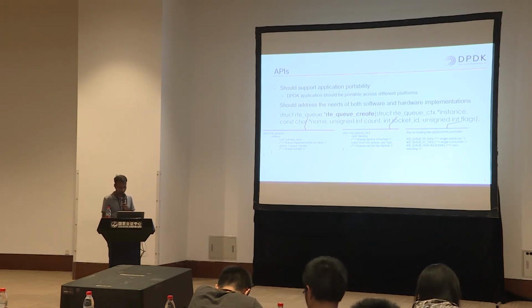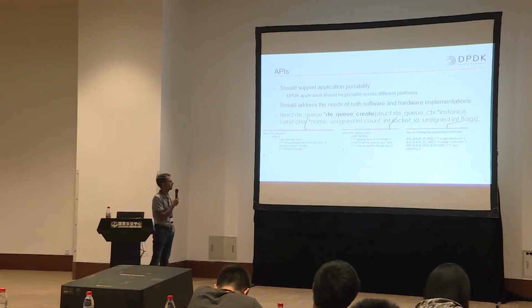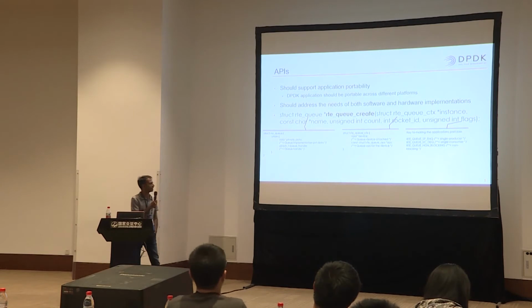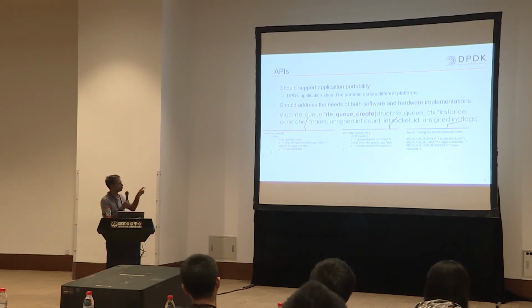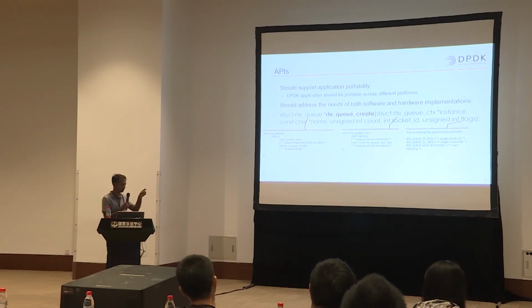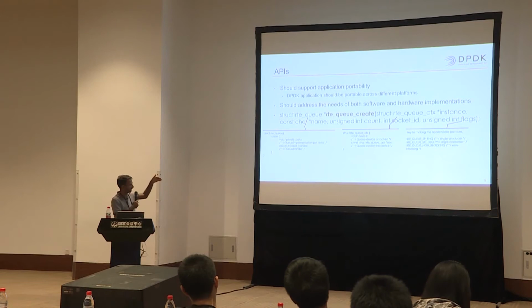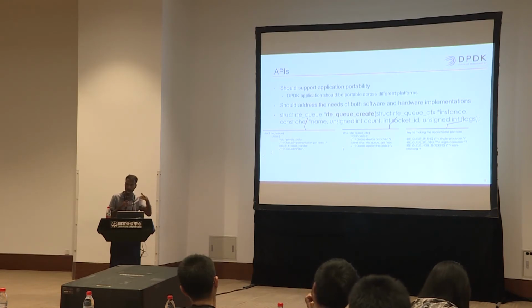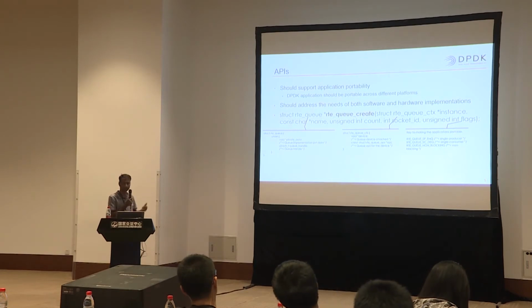So I think the other key thing here is the flags. This is the key parameter that makes the applications portable across various platforms. So these flags should bring out different characteristics of the underlying implementation, so that the application is aware of these characteristics and can choose which characteristics it wants.